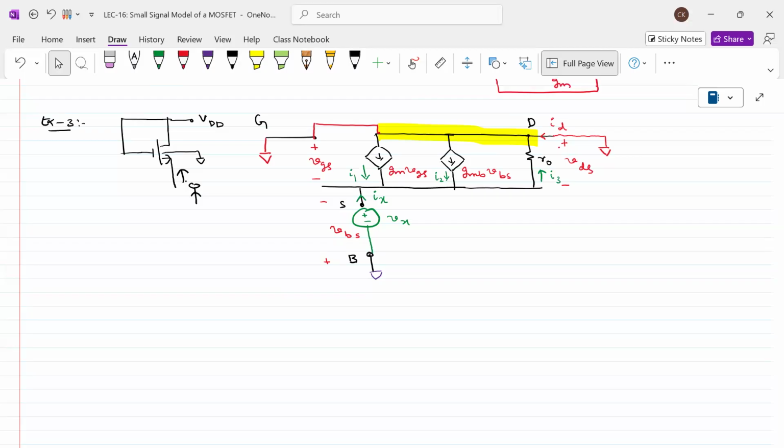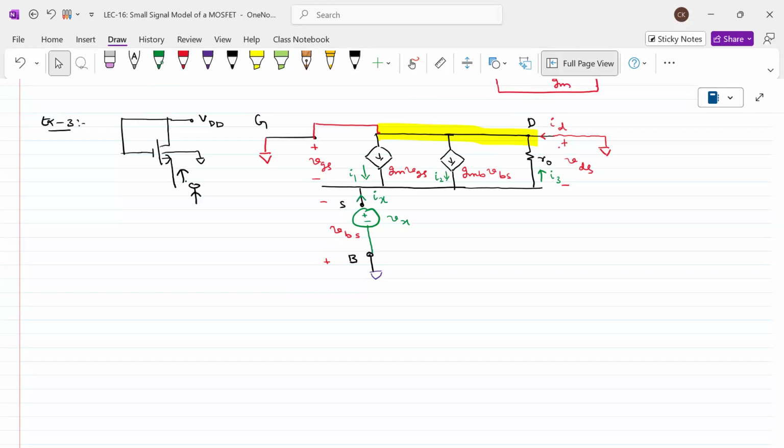First of all, the currents are contributing. GM into VGS and GMB into VBS will also come into the picture. That means if you are able to express VGS and VBS in terms of Vx, then things will come to our hands. So how do we replace VGS and VBS in terms of Vx?